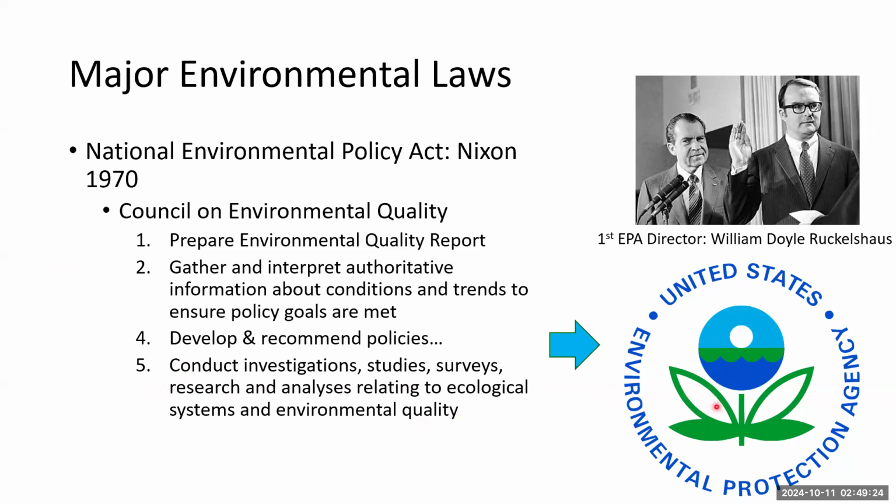And so the EPA is basically the structure that now houses the Council of Environmental Quality. So the Council on Environmental Quality kind of lives as overseer of the EPA. So whenever you hear the EPA says we're going to do X, it's not exactly the EPA saying that. It's the Council of Environmental Quality saying that through the EPA, which has done all the studies and the surveys and the research and compiled everything and gathered, interpreted, and authoritative to help them prepare their quality report.